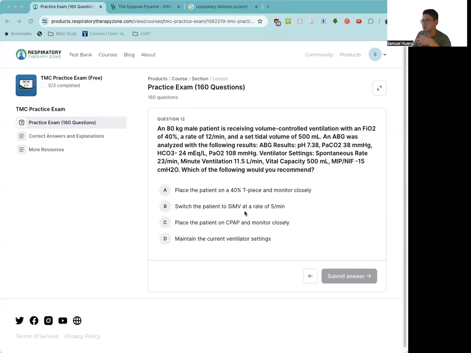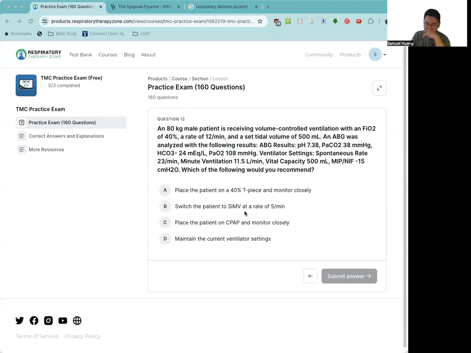Before, with mechanical ventilation, you'd be put on CMV or AC, and then the weaning mode would be CPAP. But SIMV is kind of an intermediate mode between the two.